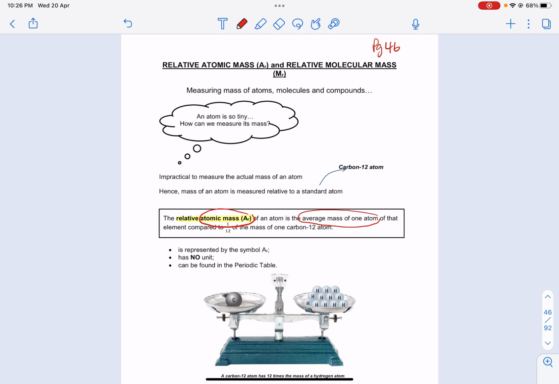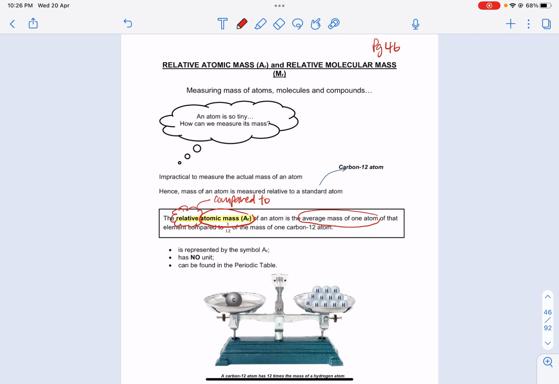Now, why is there the part relative over here? What does the word relative mean? If I say that I am older relative to you guys, it means that I'm older compared to you guys. So the word relative means compared to. So what is the atomic mass compared to?